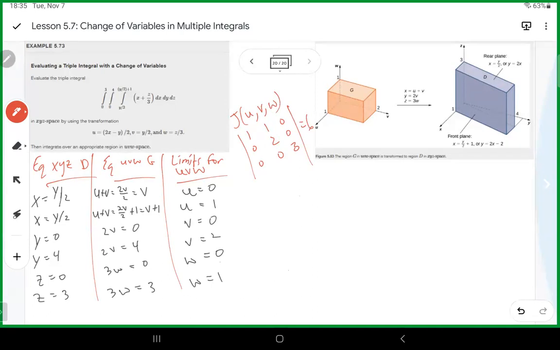So the function to be integrated becomes f of x, y, z, which is x plus z over 3. So u plus v plus 3w over 3, which is just u plus v plus w.